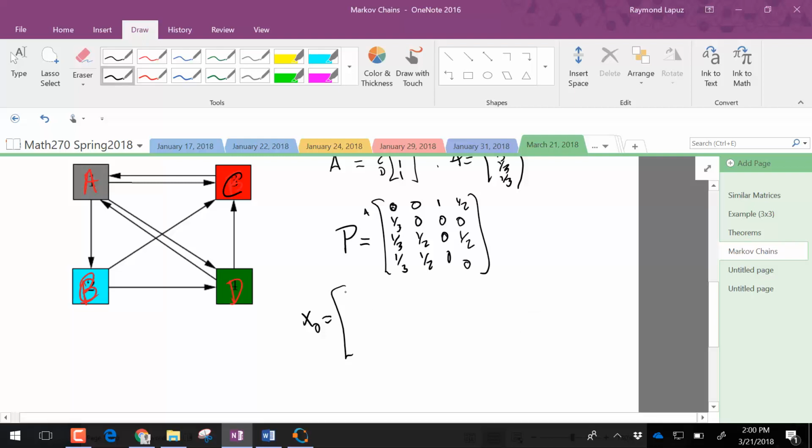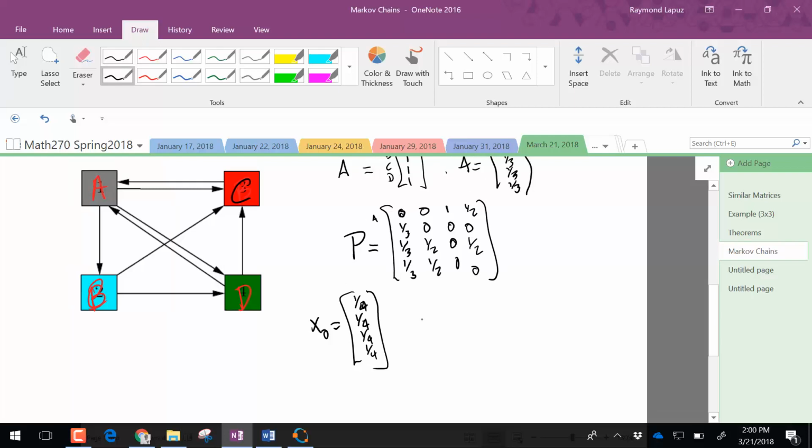To start off, you generally give everybody an even chance, as if everybody has the same ranking. You apply this to the P matrix to get X1, then apply X1 to the P matrix to get X2, and so on. Eventually, if this settles down, it would be considered a steady state.